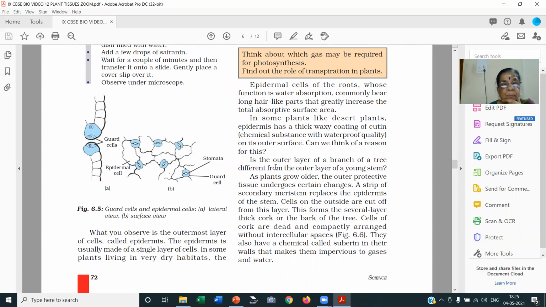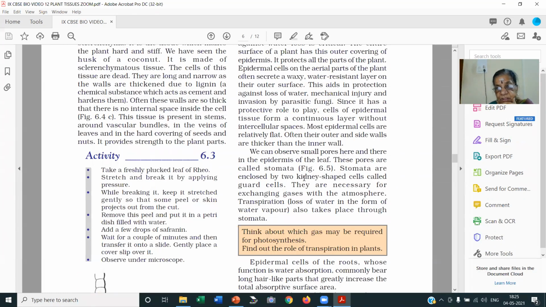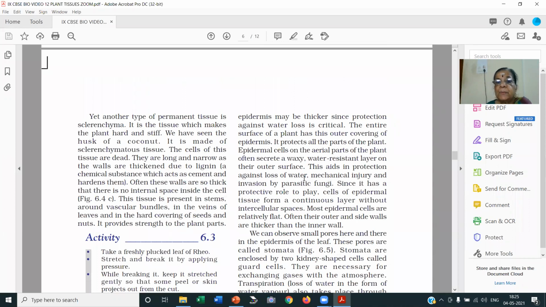Correct? And in some plants living in dry habitats, xerophytes, the epidermis may be thicker, protecting against water loss. They are with the cuticle and transpiration channel. So the entire surface of the plant has this outer covering of epidermis, and it protects all the parts of the plant.